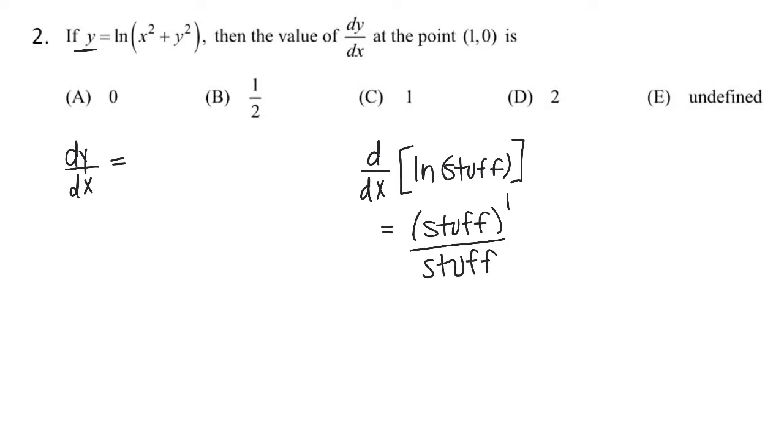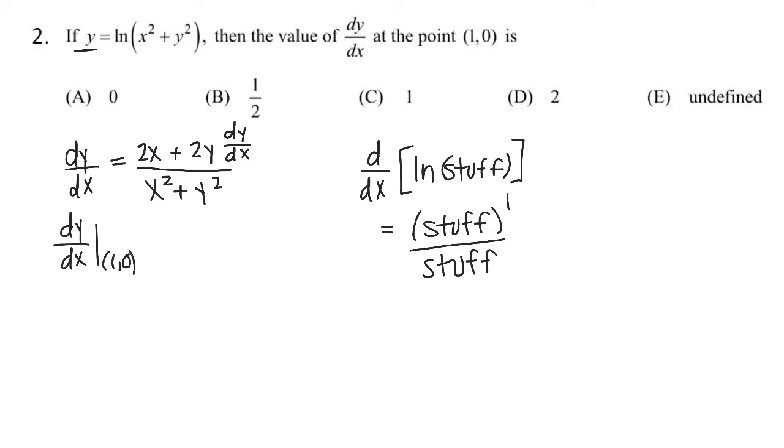So using that, coming back over here, the stuff that we have is x squared plus y squared, and our stuff prime is going to be 2x plus 2y dy dx. Again, we took the derivative of y with respect to x, and now let's evaluate our dy dx at the given point 1, 0.